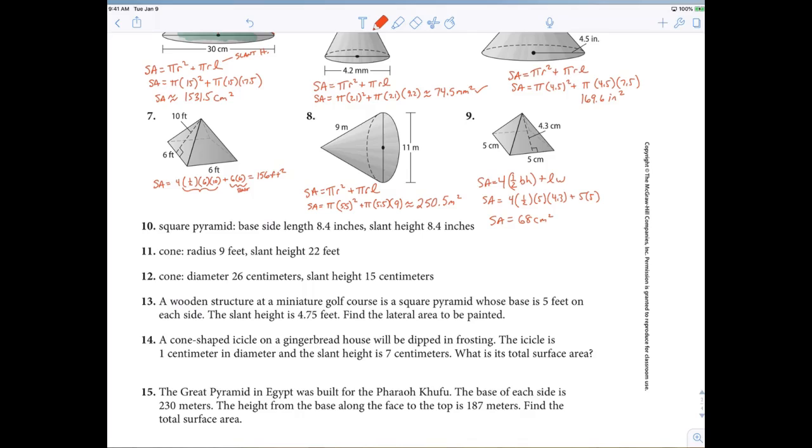Okay, so listen. Your homework is 10 through 14. Now, don't be confused because they didn't draw the shape. If you need to, you can look up at one of the other ones and visualize what they're talking about. And you can even copy it and bring it down or do it on another page.